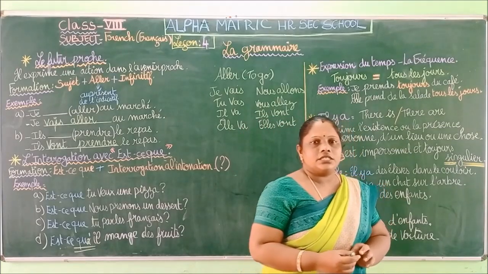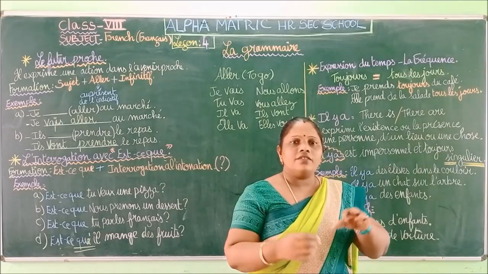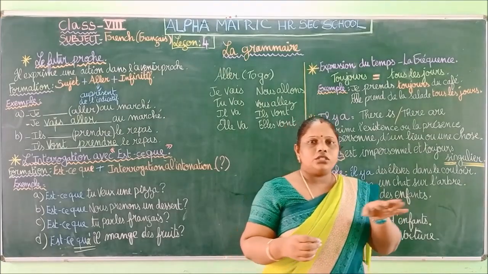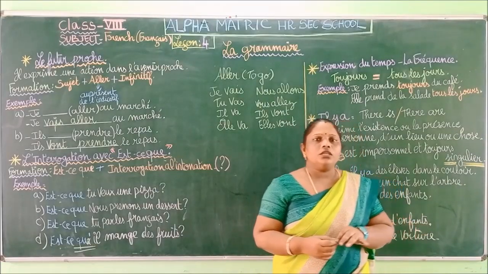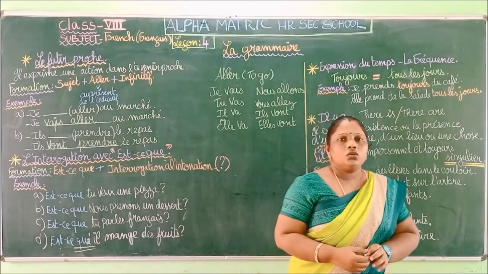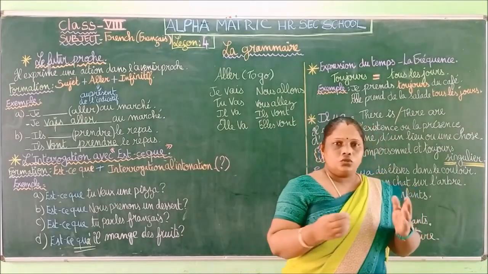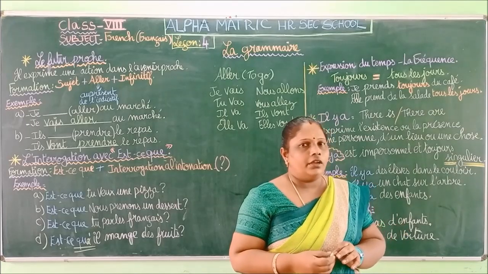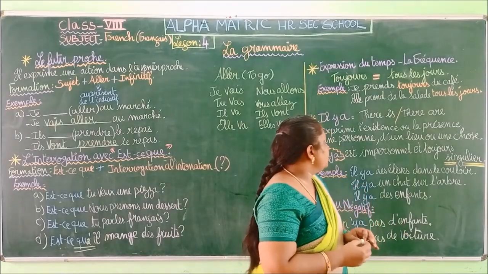She takes salad. Do you know what is salad? You have onion, tomato, and lots of vegetables. Okay, so de la salade tous les jours. So every day, toujours and tous les jours are equal. Okay, it is equivalent.